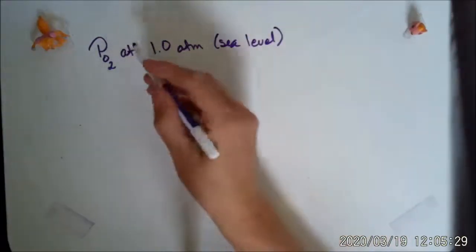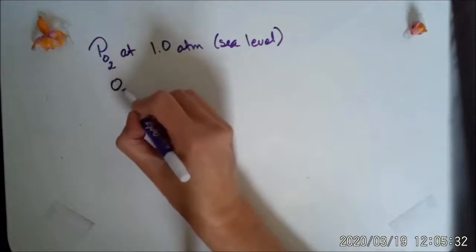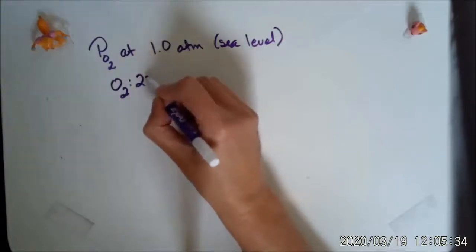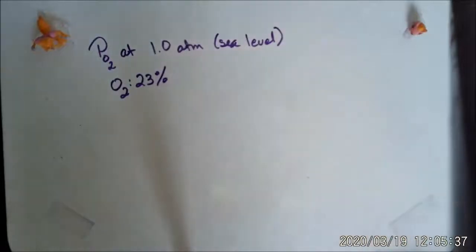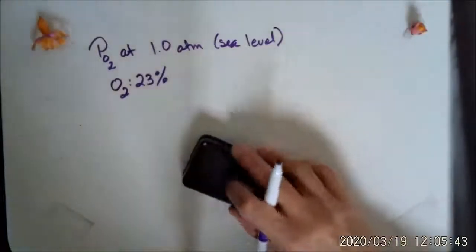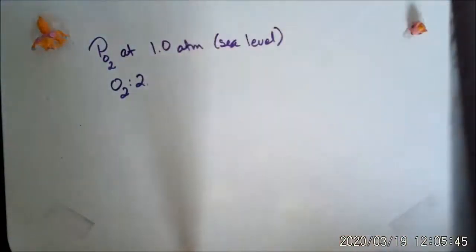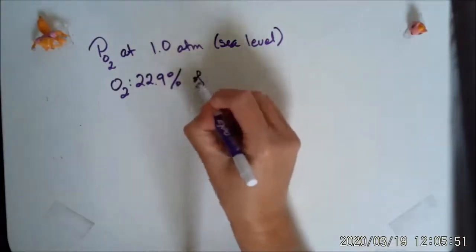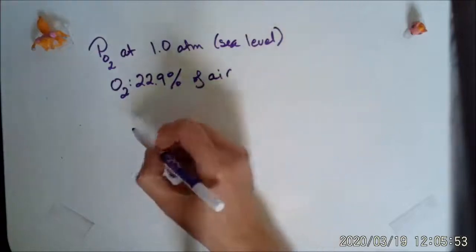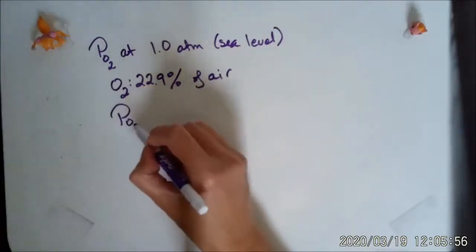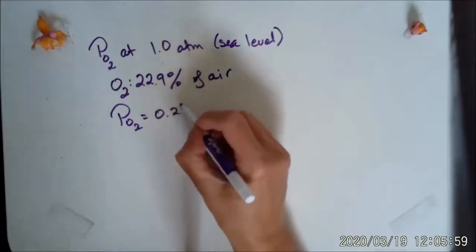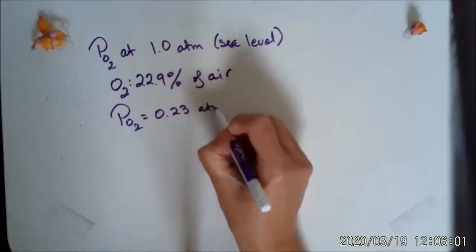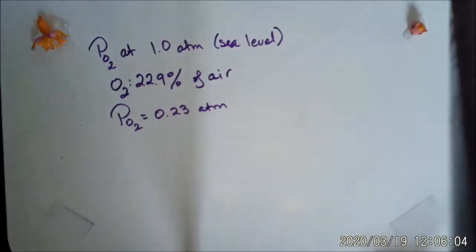We know that oxygen is about 23%, or 22.9. Then the partial pressure of oxygen is going to be equal to 0.23 atmospheres. So this is what our lungs and our body are accustomed to if we live at sea level.